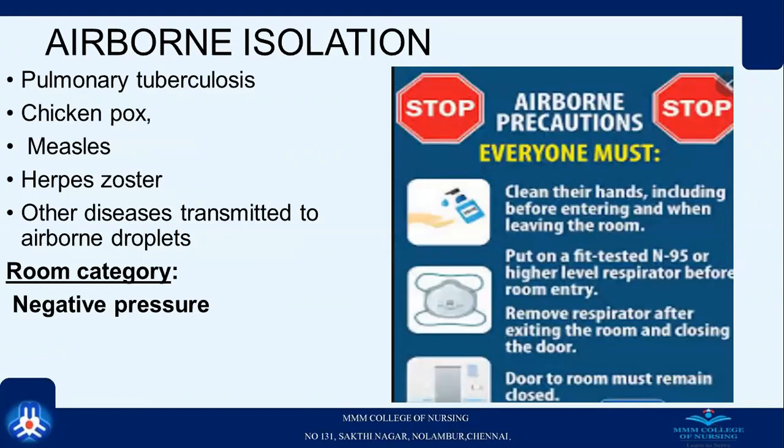In the case of airborne precautions, the room is supposed to have negative pressure. The cases treated with airborne isolation are pulmonary tuberculosis, chickenpox, measles, herpes zoster, and other diseases transmitted by airborne droplets.